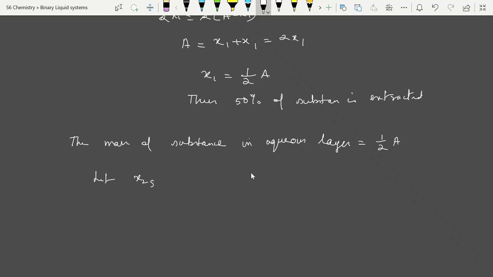Let x2 grams of substance be extracted to ether layer in the second step.